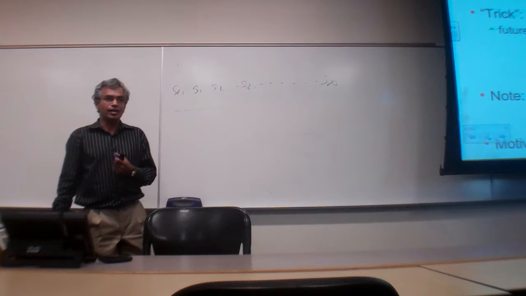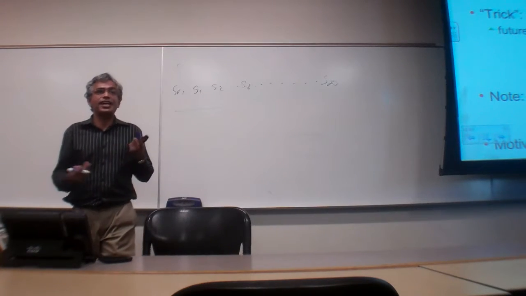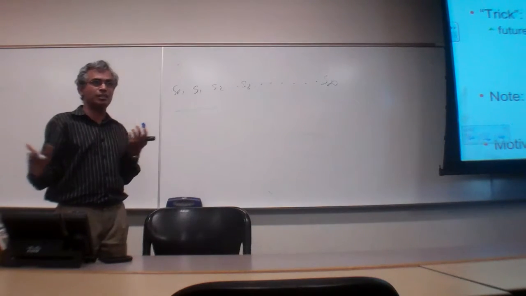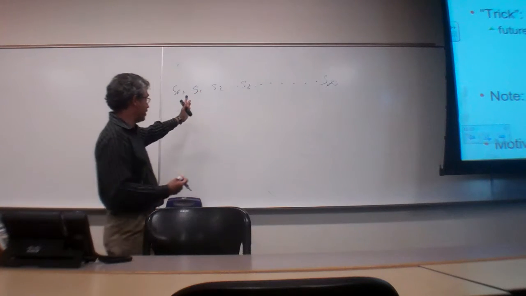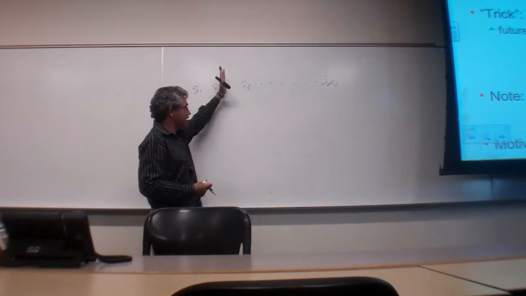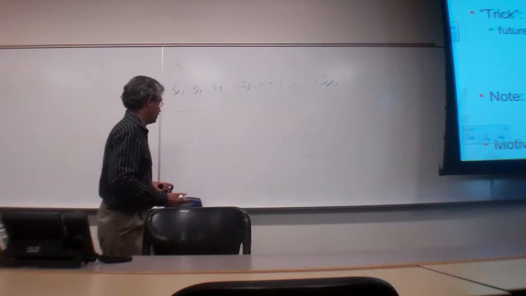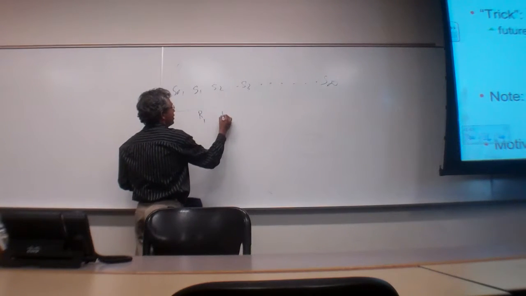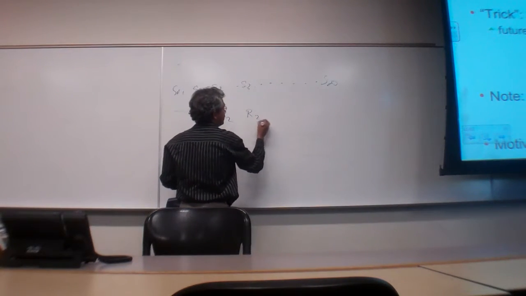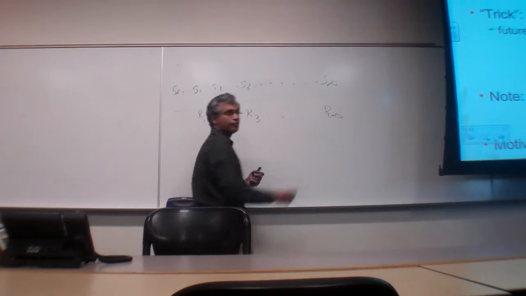Of course, there are not an infinite number of states; these are the states from our state space that you encountered at the first time period, the second time period, all the way up to infinity. And then it got an R1 here, an R2 here, an R3 here, etc., up to R infinity.